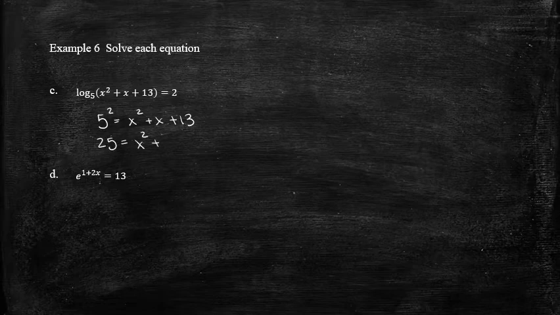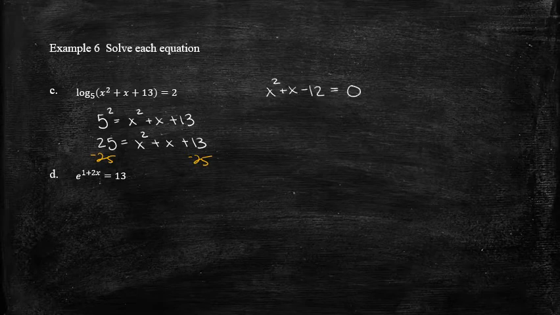So 25 equals x squared plus x plus 13. Subtract the 25 to the other side. So then we have x squared plus x minus 12 is equal to 0.